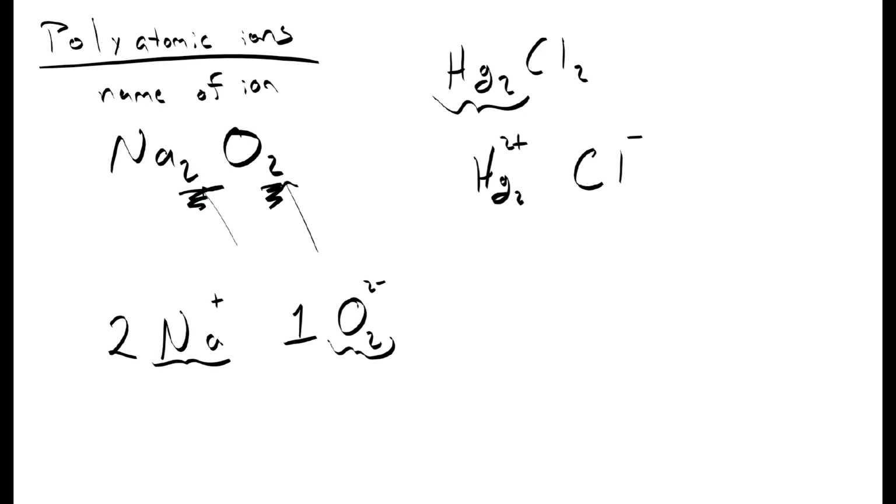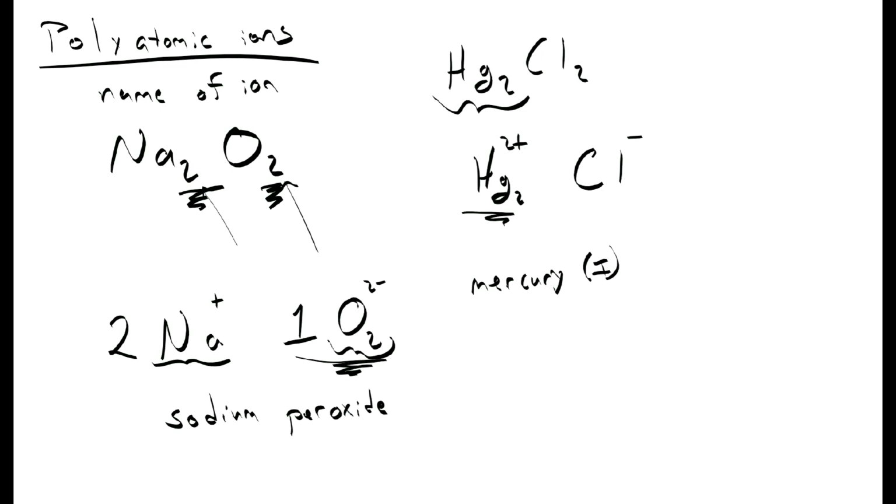Now, sodium is a univalent or a monovalent metal, so it's just sodium. The ion is identical with the metal there. And then we throw in the name of the polyatomic ion, and that's just peroxide. Similarly, we have to use the name of the polyatomic cation over here, and that polyatomic cation is mercury 1.